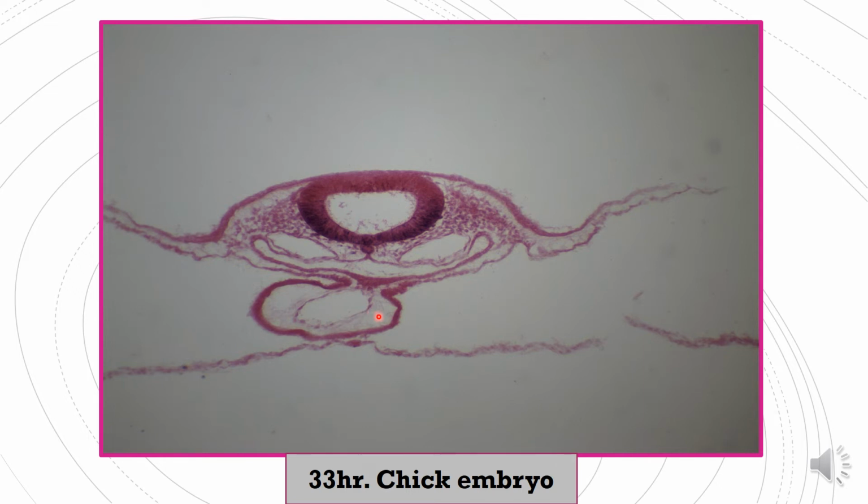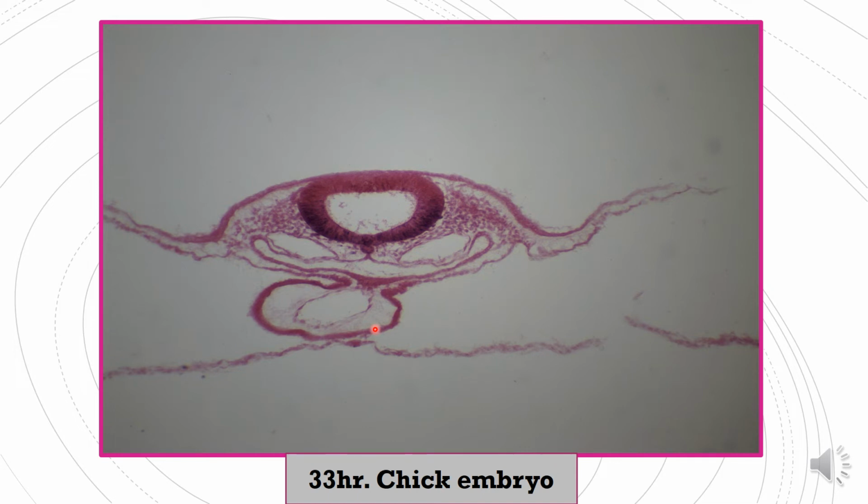Lateral to it is the cardiac jelly. The cardiac jelly is full of hyaluronic acid and disappears later on, and the outer layer of the single heart tube is called the epimyocardial mantle.